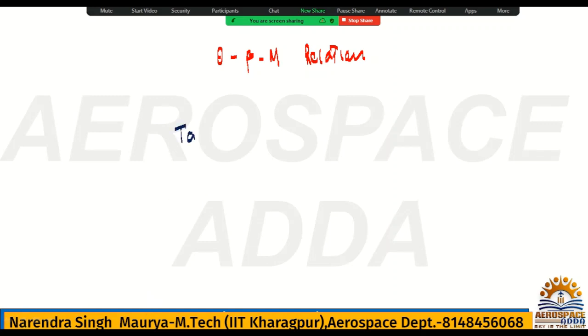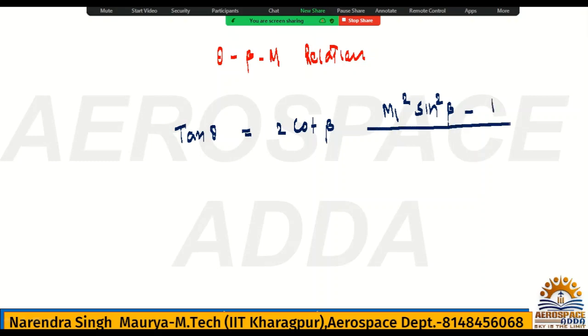This is: tan theta is equal to 2 cot beta times M1 square sin square beta minus 1, divided by M1 square times gamma plus cos 2 beta.